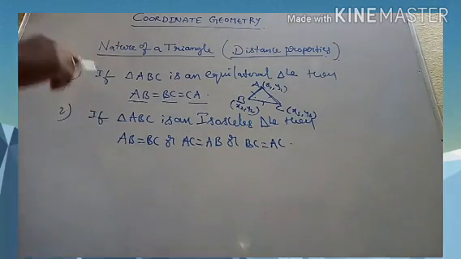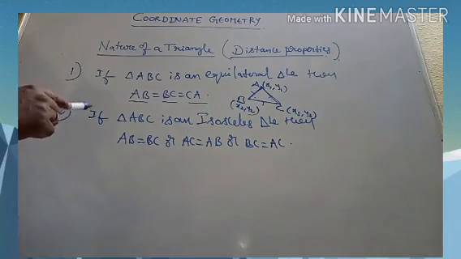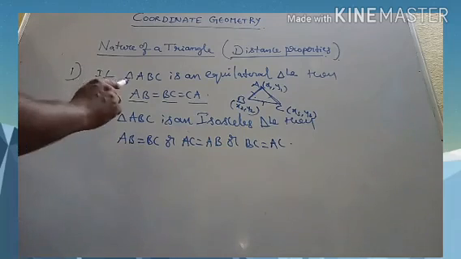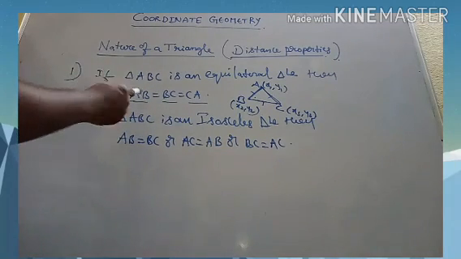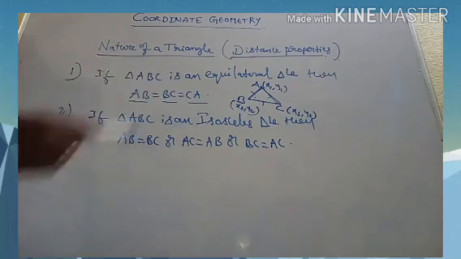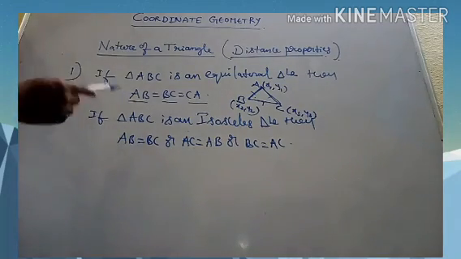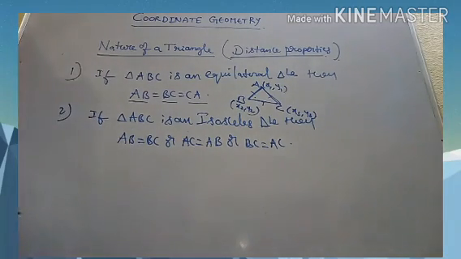Using only the distance formula, you know how to find AB, BC and CA. Once all three side lengths are equal, you can say it is an equilateral triangle.